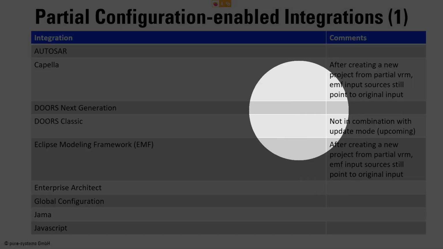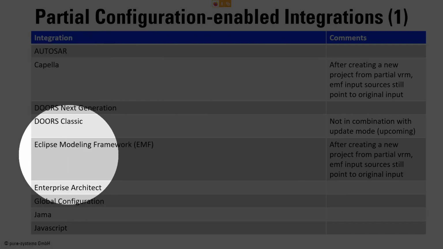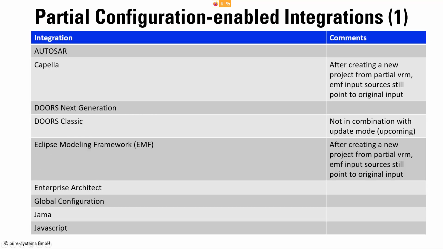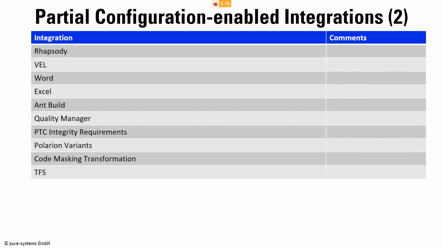So at the moment, we do not recommend using the partial configuration mode for Capella or other Eclipse Modeling Framework-based integrations. But again, there's work going on. The other integrations you see listed here and on the next slide already support this partial configuration mode. If you have more questions about how this works with a certain integration, feel free to contact us afterwards.